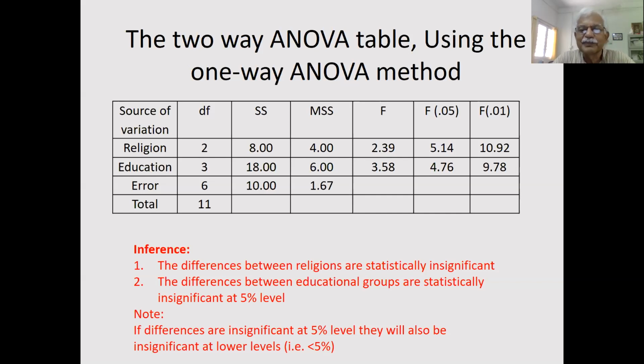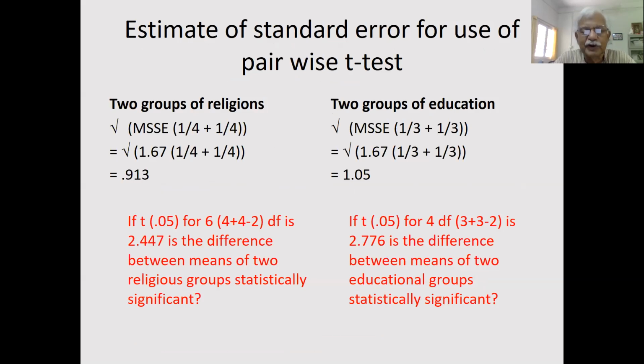In this case, F ratio for religion is 2.39, and at 5% level of significance, it is 5.14. So we cannot reject the null hypothesis. In case of education, also we cannot reject the null hypothesis because the calculated value 3.58 is less than the tabulated value 4.7. We can, as I have explained in case of one-way analysis of variance, compare two groups of religions and two groups of education.